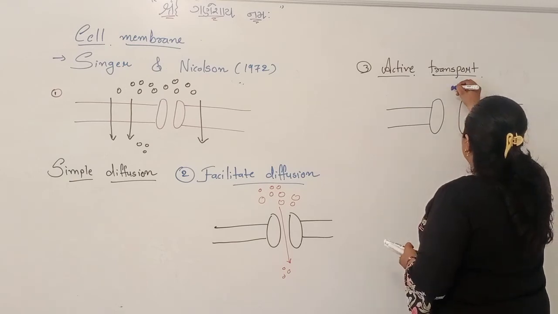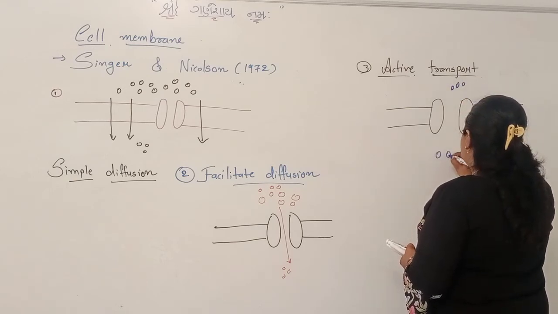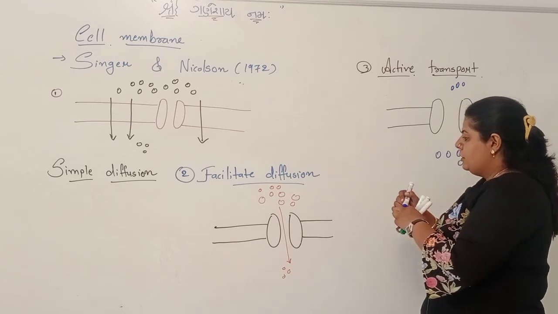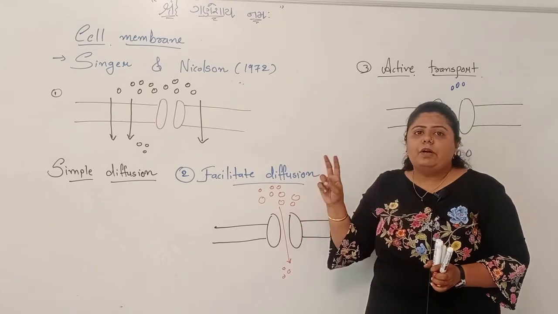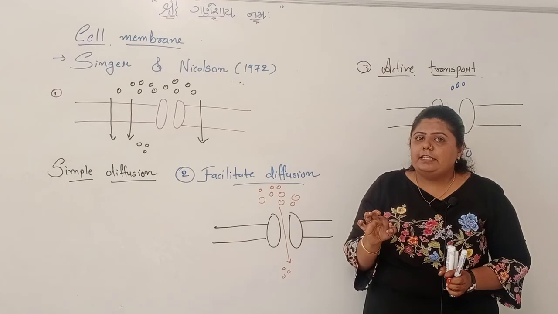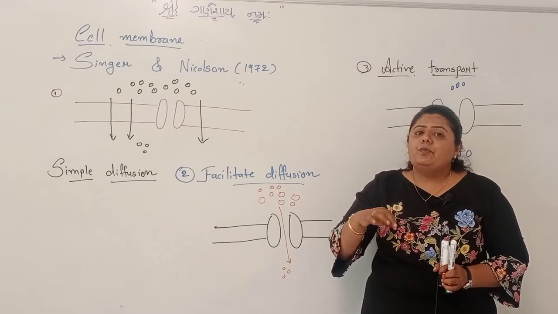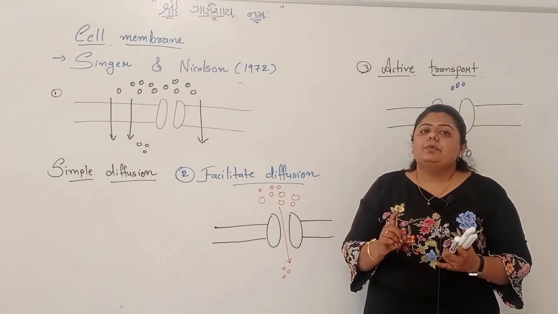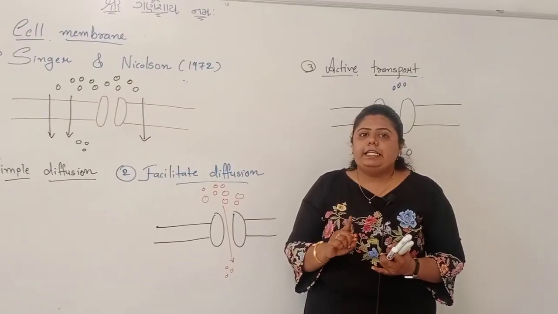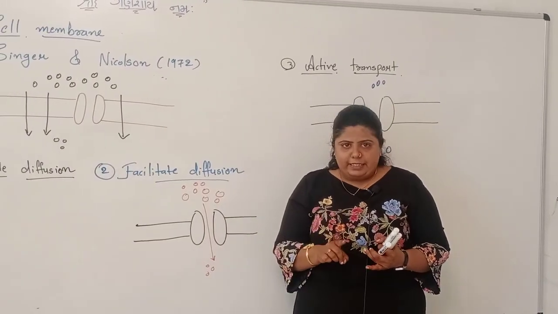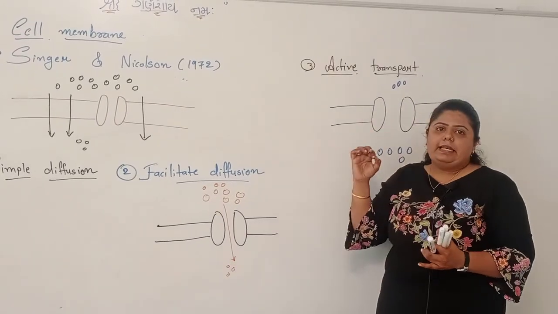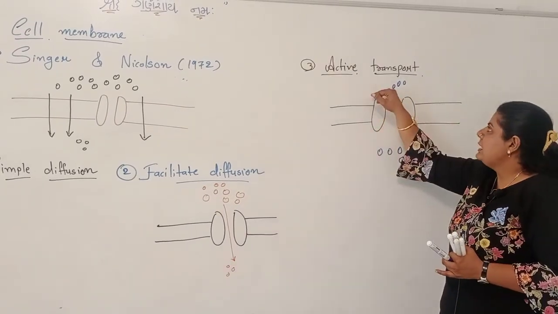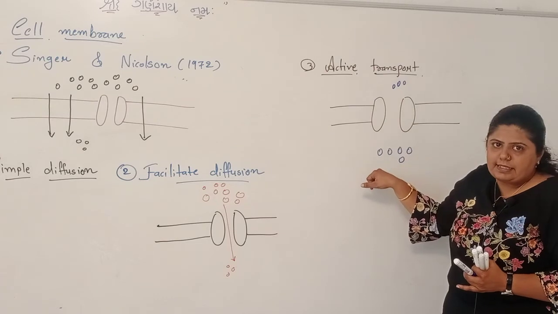Molecules, low concentration, high concentration. So protein works only for the concentration gradient. If you want to go against the concentration gradient, then we have to provide energy, ATP. With the help of ATP, molecules can pass from low concentration to higher concentration.